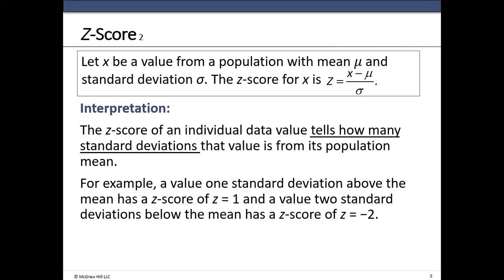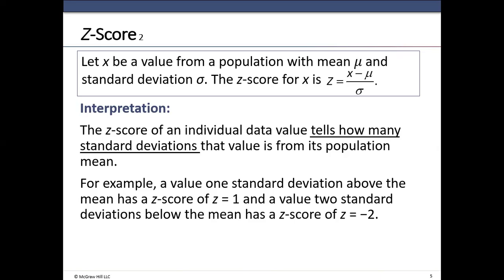The z-score of an individual data point tells how many standard deviations the value is from its population mean. So z-score will be a number. If X is greater than mu, then the z-score will be positive and it shows how many times the standard deviation the value X is above the mean.